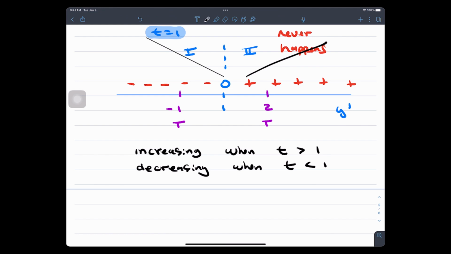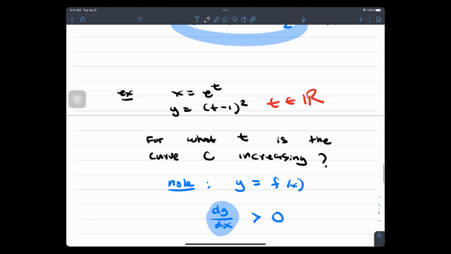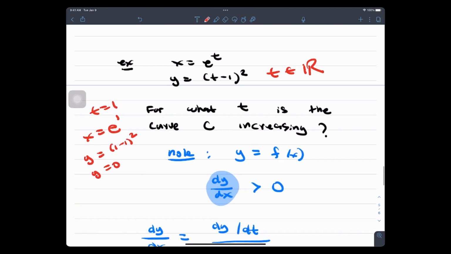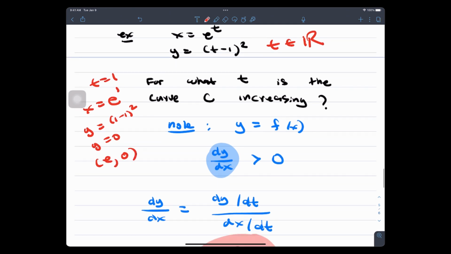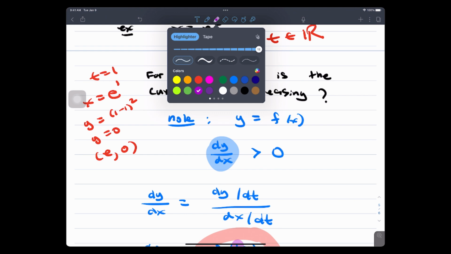Now, you can always very easily find the x values. How do you find the x values? Well, you know, when t is 1, what's going on, right? What happens when t is 1 here? What is x? So when t is 1, x is e. That's e to the 1, right? And what is y? Well, that's 1 minus 1 squared, which is 0. So this happens when x is e. I want you to note something here.